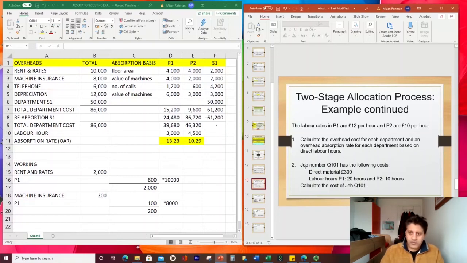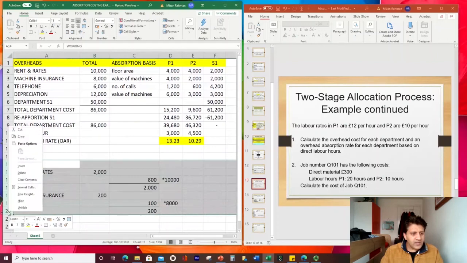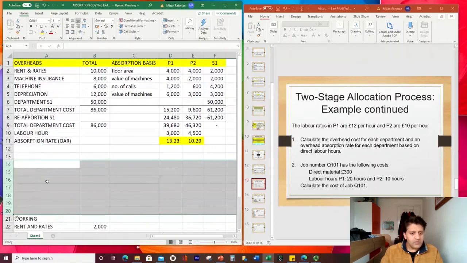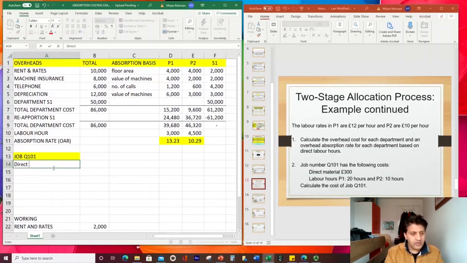Now, job requirement 2, we don't need this here now. Let's take it down. Insert. So that's below. I will do job Q101 price or cost. So job number has the following cost. First of all, direct material.